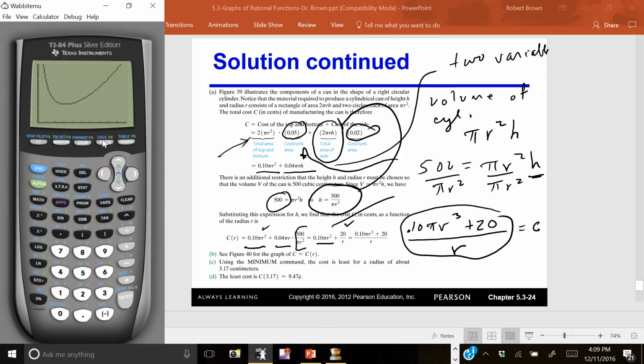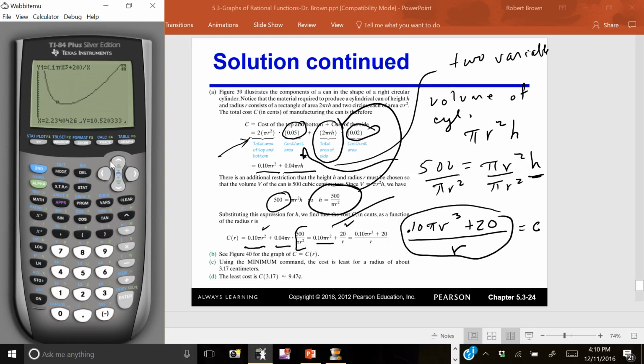Let's put the trace on. Put the cursor to the left of the minimum.